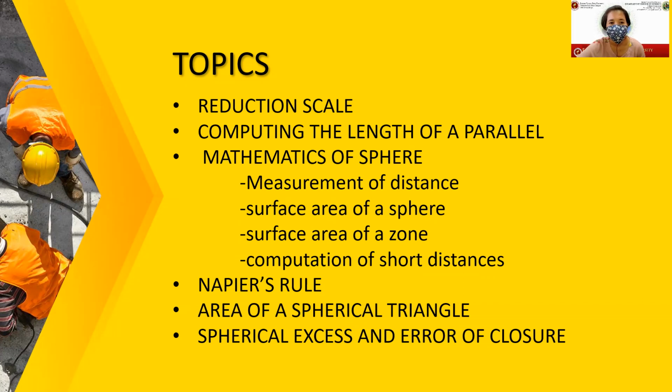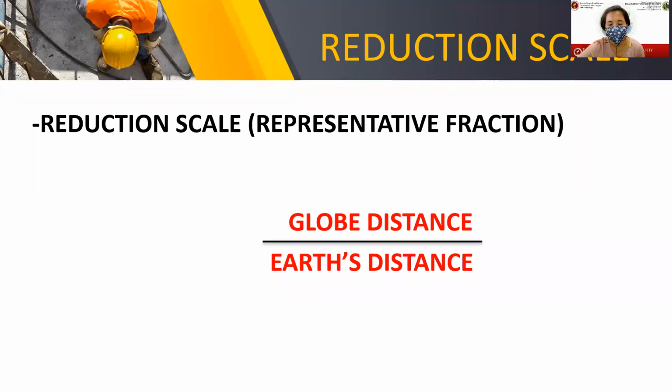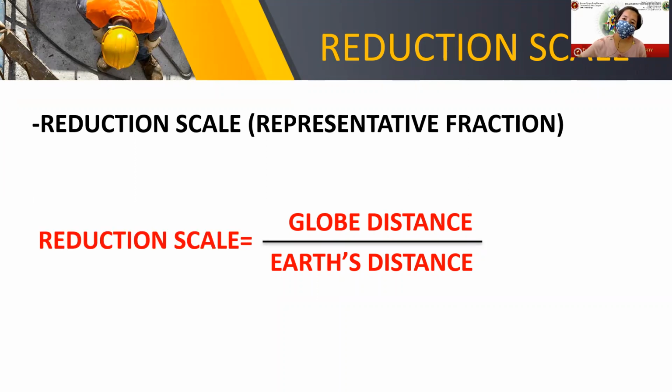Okay, let's start with the reduction scale. In cartography, you discussed how we are going to compute the scale of the map. Basically, this is known as the reduction scale, since the word reduction means you reduce the actual area or actual length on the ground on a map.